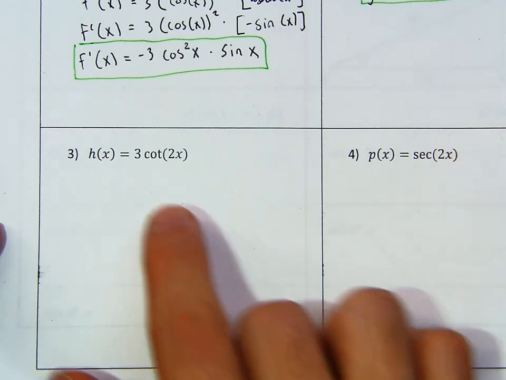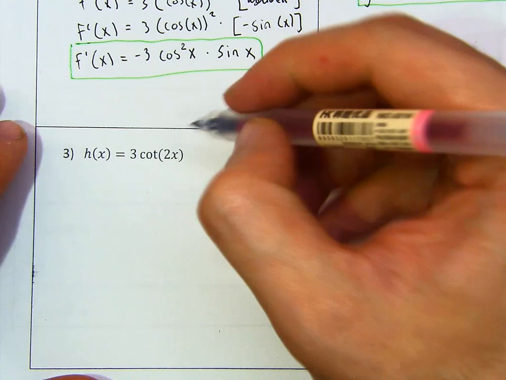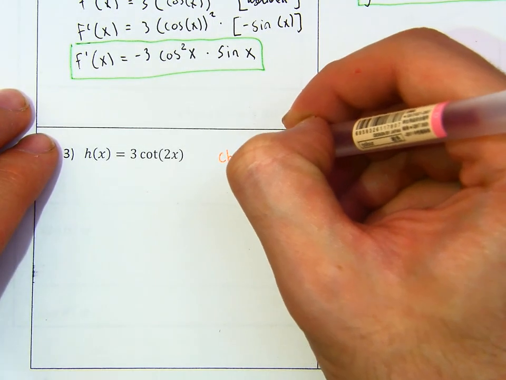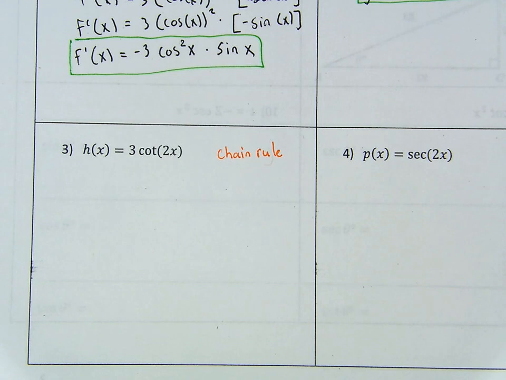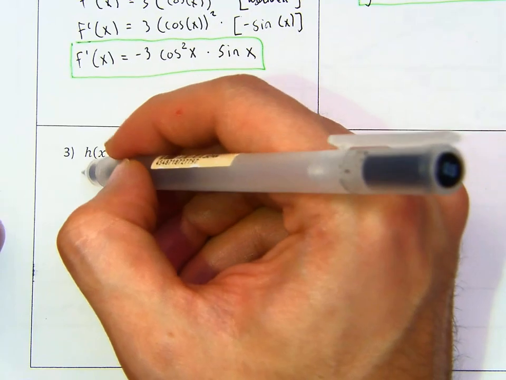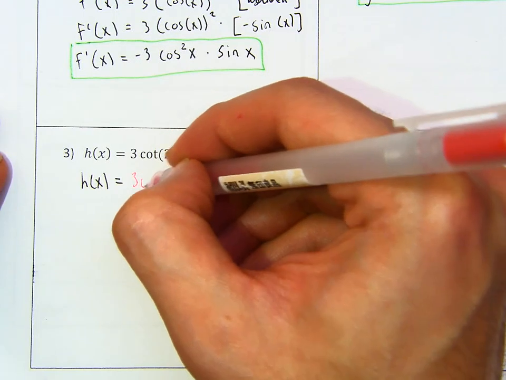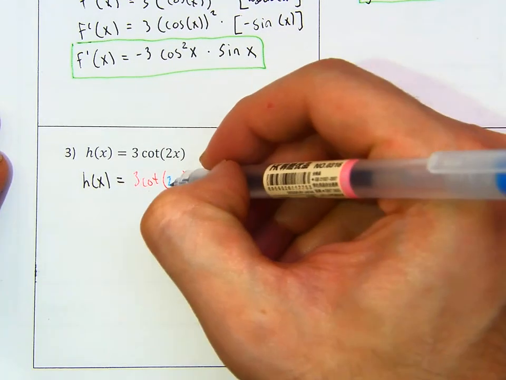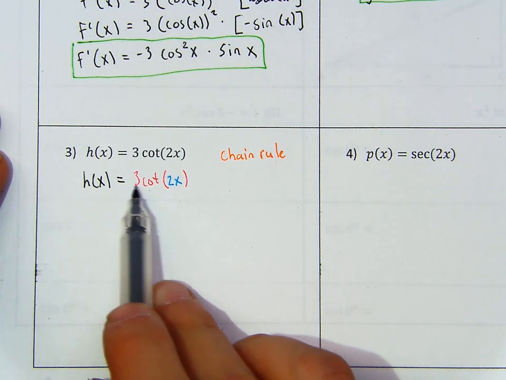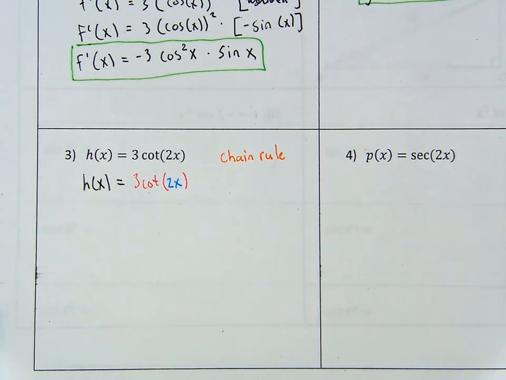We have 3 cotangent 2x. Now here, we definitely want to use the chain rule. So what I want you to do is try and set this up on your own, okay? What's the setup? Here we have h of x is equal to 3 cotangent, and then 2x. You see here, the 3 cotangent will be the red, the outside, and the 2x will be the inside.